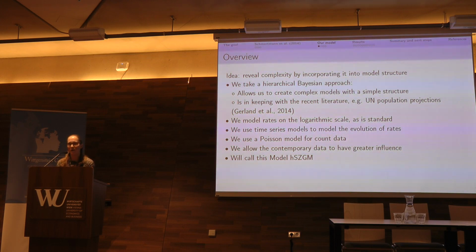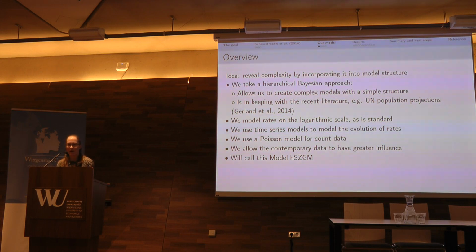We model rates on the logarithmic scale, as is the standard approach, as opposed to the raw scale in the Schmertmann model. And we use time series models to model the evolution of rates over time instead of a projection model. We use a Poisson model for the count data, so that's the number of births for a given exposure.